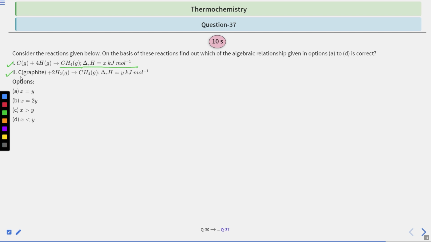The second reaction is carbon in the form of graphite undergoing hydrogenation and forming the CH4 molecule, and the enthalpy of the reaction is Y kilojoule per mole. So options are X equals Y, X equals 2Y, X is greater than Y, or X is less than Y. So you have 10 seconds to solve this question. After that, we will see the answer.